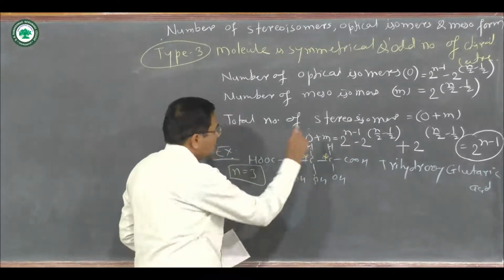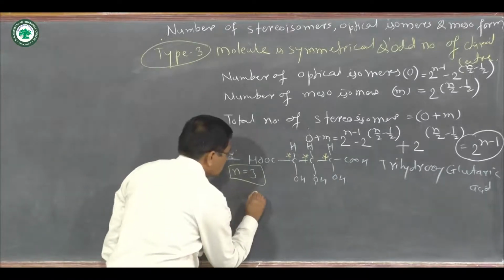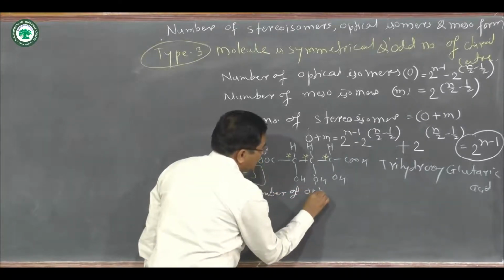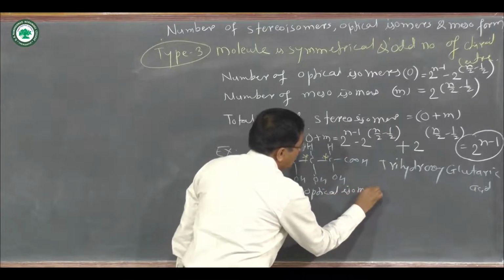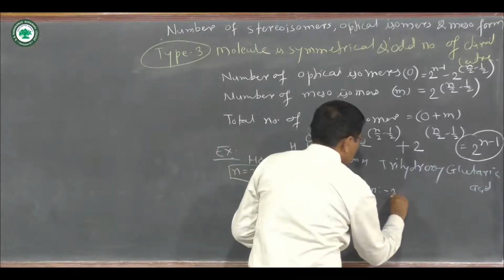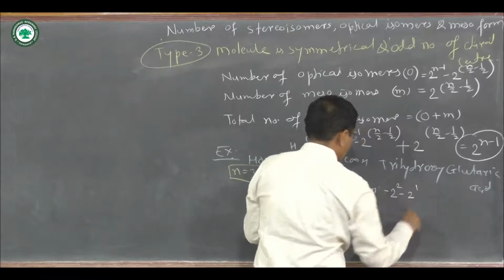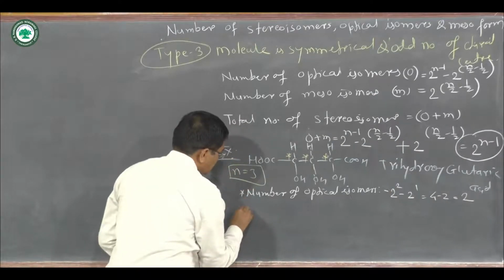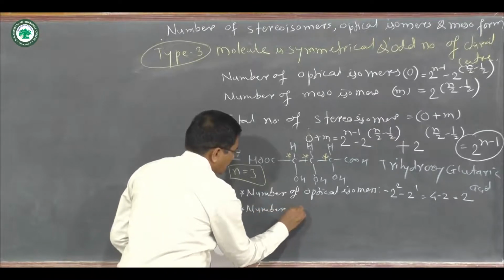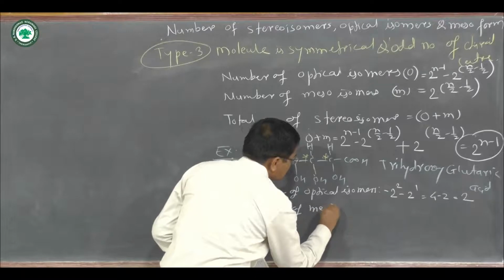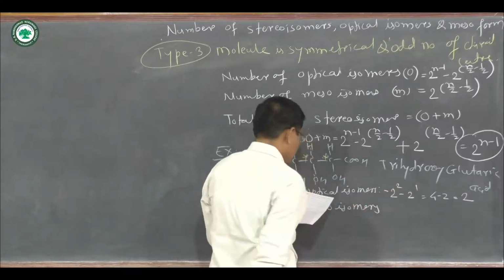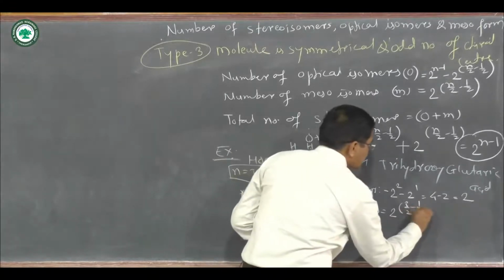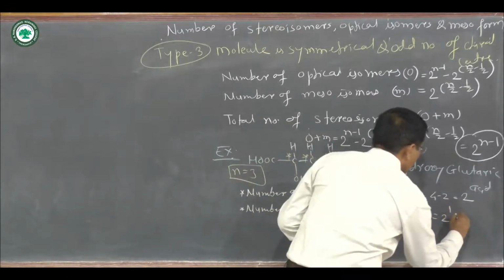Now we calculate the number of optical isomers: 2 to the power 3 minus 1 equals 4, minus 2 to the power 1 equals 2, so 2. The number of meso isomers equals 2 to the power (3 minus 1 by 2), which is 2 to the power 1, meaning it is 2.